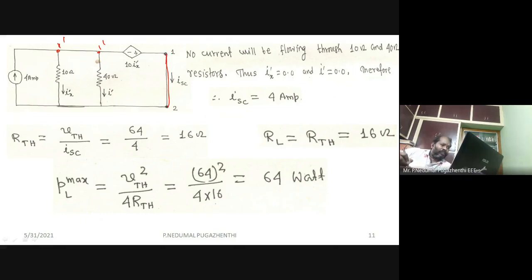Since this is short circuited, no current passes through this 10 ohm resistor and 40 ohm resistor. Every current will try to go through this short circuit. Since no current passes through this 10 ohm resistor, this value will be equal to 0. So whatever the current is coming to 1 dash will reach this 1. It is going to be 4 amp. So I can say ISC is equal to 4 amperes.